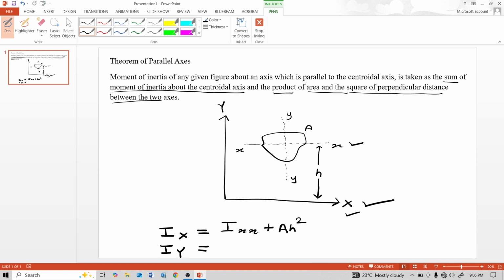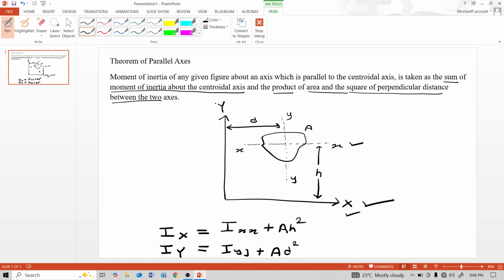So moment of inertia about this capital Y-axis is equal to the sum of moment of inertia about the centroidal axis Iyy, where the distance between capital Y and small y centroidal axis is d, plus area A of this figure into the square of this distance d. This is the theorem of parallel axis.